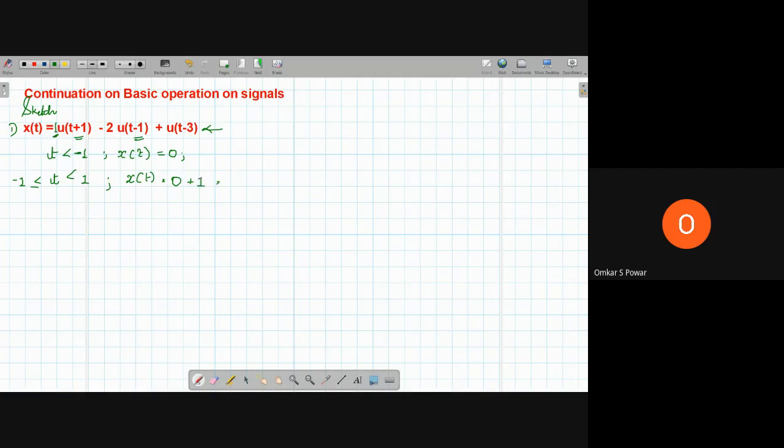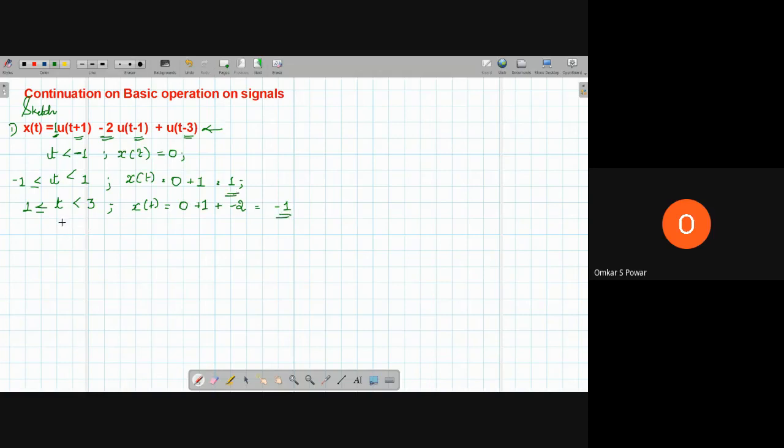So 0 plus 1 is equal to 1. Now t greater than or equal to 1 and less than 3. So x of t is the same as previously, 0 plus 1, plus what is the value here? Minus 2. So the answer is minus 1.